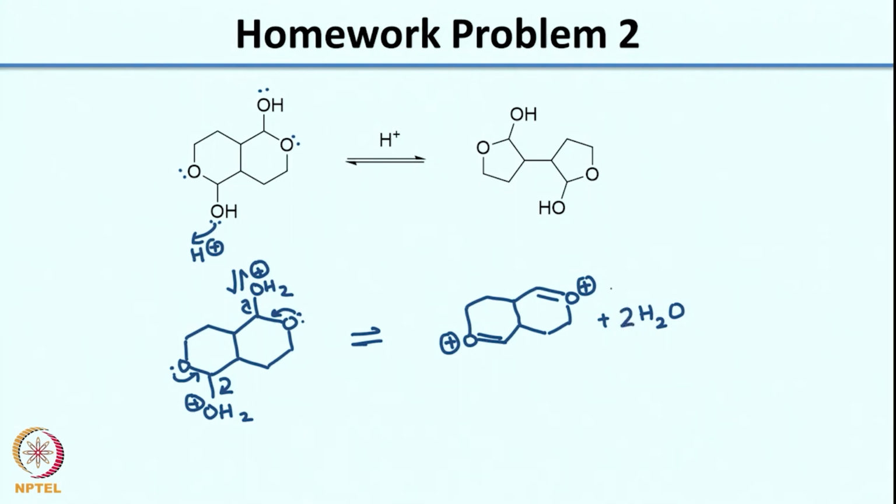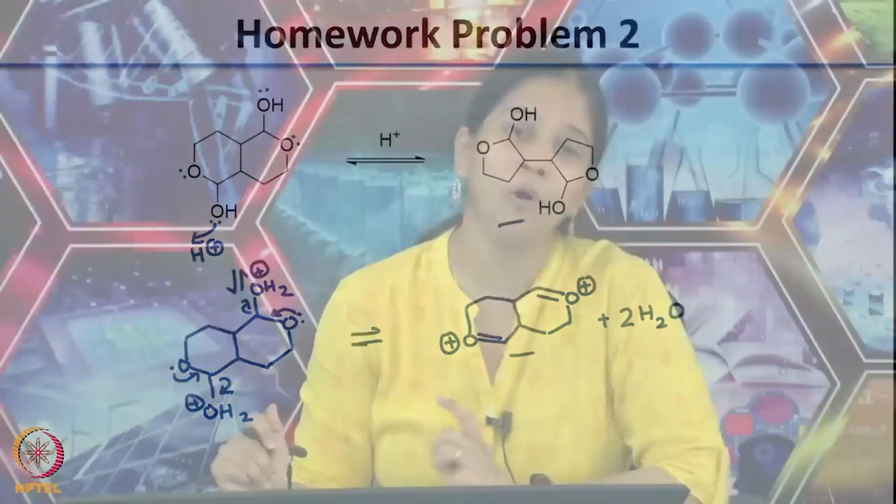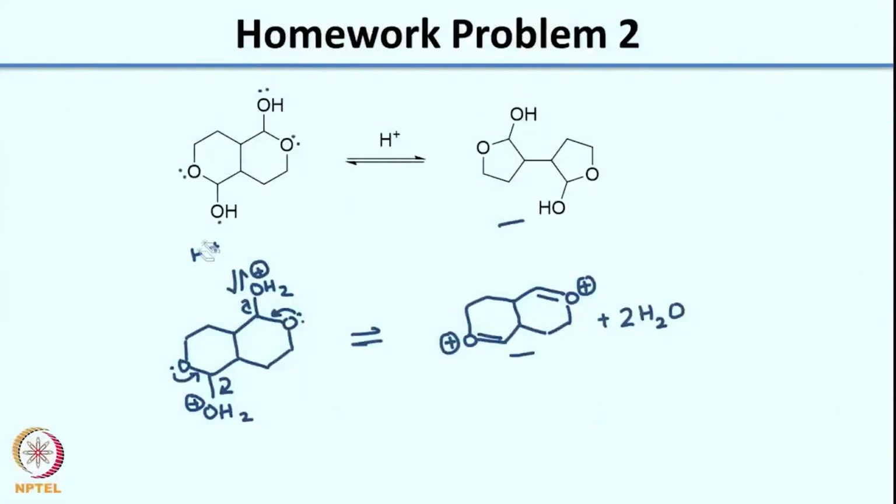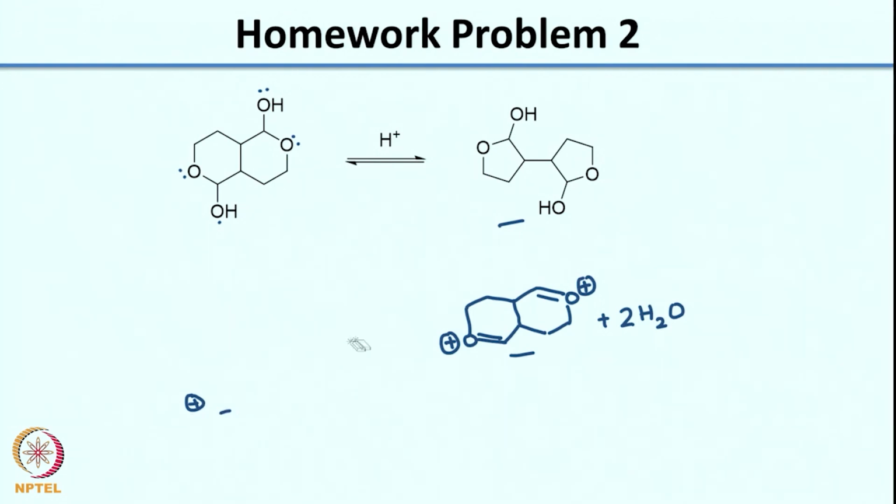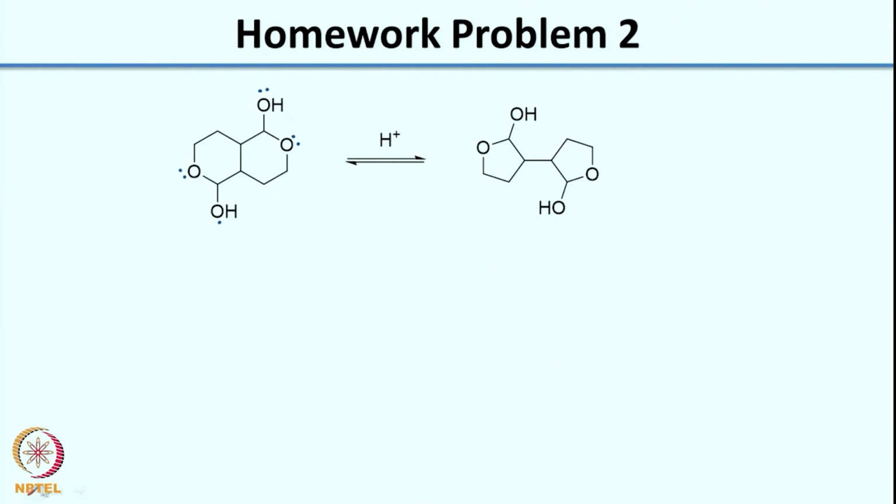Now if you look at this and look at your product, what you would see is there is no way you can get from this intermediate to your product. So now obviously you know that there is some problem here and probably this oxygen is not the source. So now let us go back and now we will again look at the reaction mechanism if we use the other oxygen as the source. So if I use this oxygen as the source, now I have H plus.